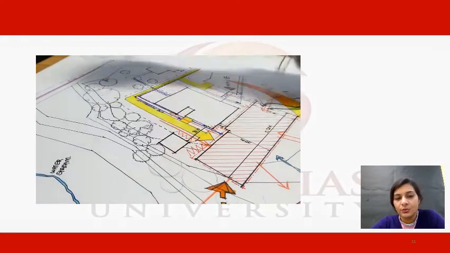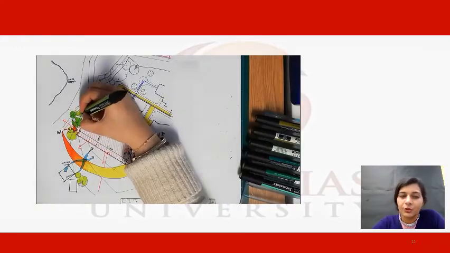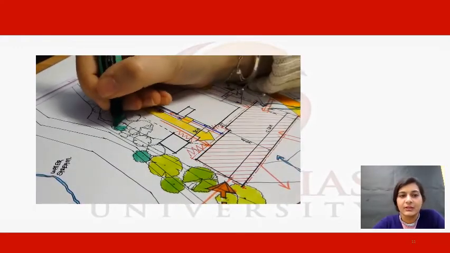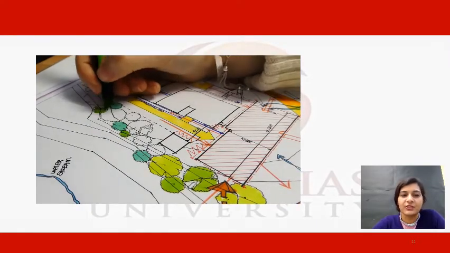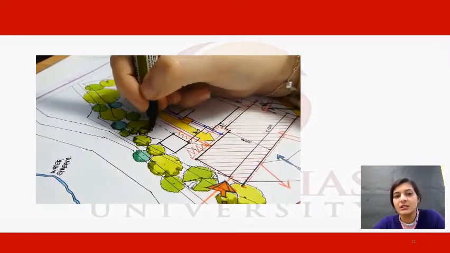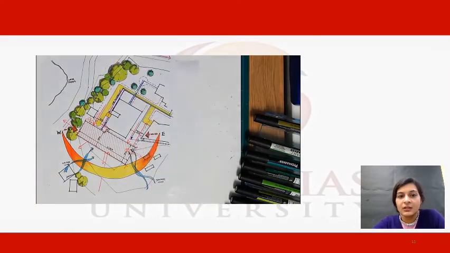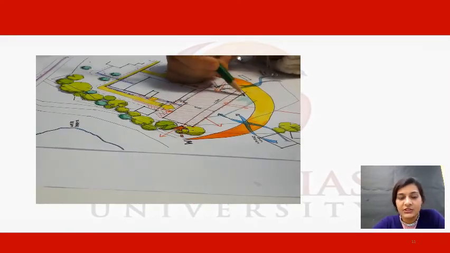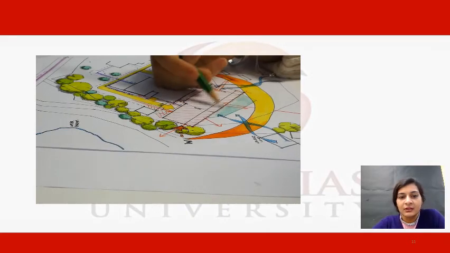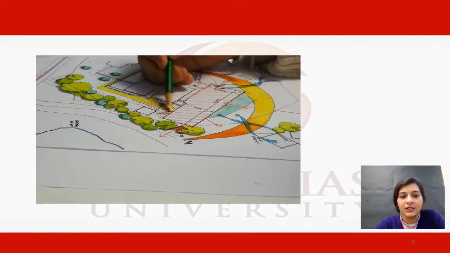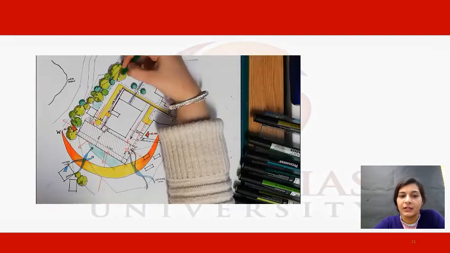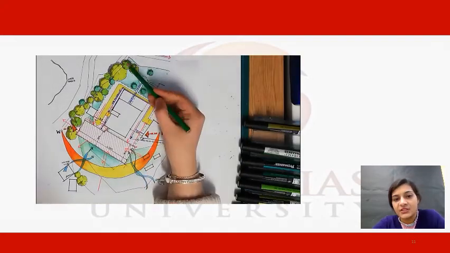Then you want to add a presentable mode to your sheet: the trees and vegetation give a sense of presentation to your sheets of design. After marking all this, you will come towards the marking of your vegetation.